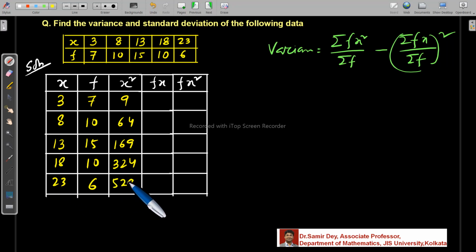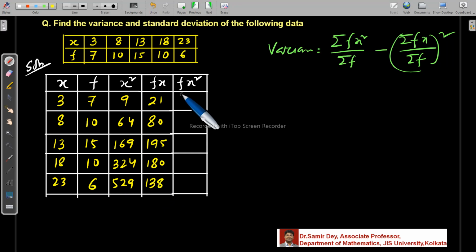I think it is clear to everyone. Now you calculate fx, f into x, that is 21, then 80, which is 8 into 10, 13 into 15 is 195, 18 into 10 is 180, and 6 into 23 is 138.